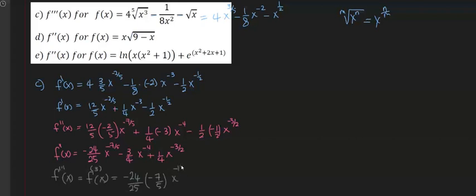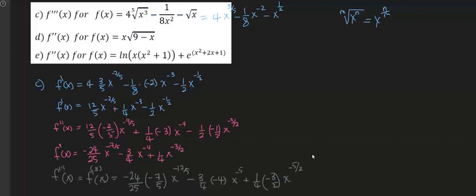It's going to be negative 12 over 5 minus 3 over 4, and we will drop the power, and the new power is negative 5, and then plus 1 over 4 is dropped, and the new power is x to the power negative 5 over 2, and we do it minus 1.